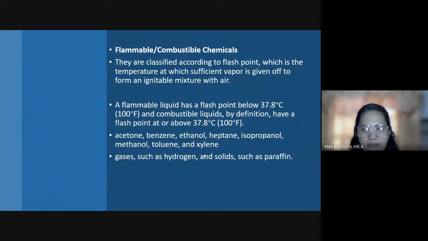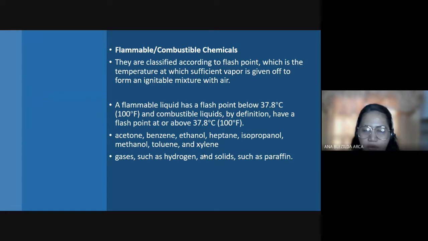Now, for the flammable or combustible chemicals, these are being classified according to their flash point. When you say flash point, this is the temperature that can cause them to ignite, di ba? Ito yung temperature na pwede silang umapoy na lang, okay? So, a flammable liquid has a flash point below 37.8, okay? So, that is the definition of a flammable. Kapag daw nag-ignite siya below 37.8 na temperature, flammable siya.